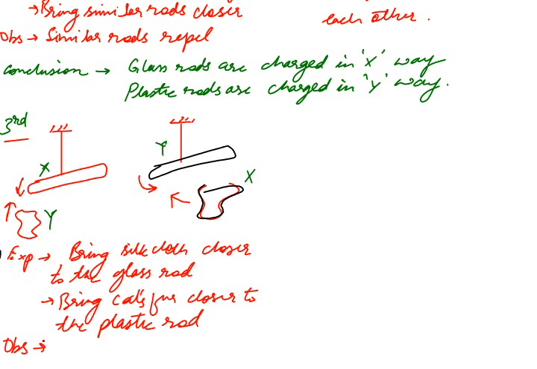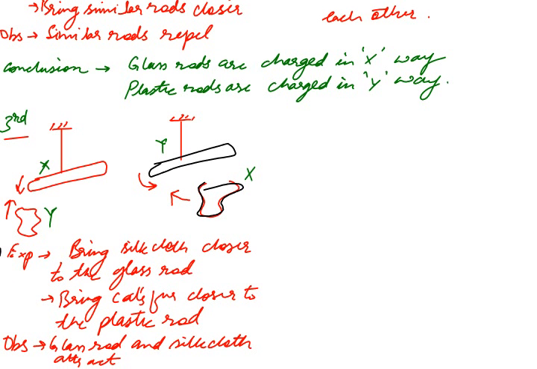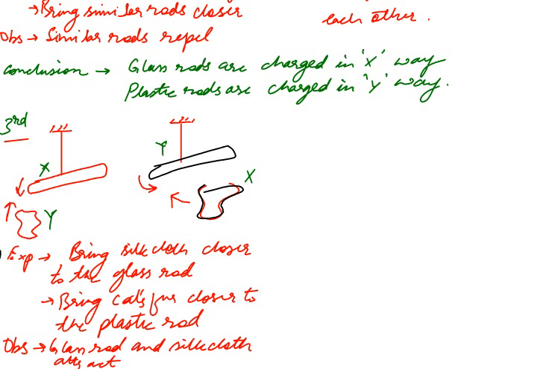That observation is, I have already discussed the conclusion. First let me write the observation. Observation is: glass rod and silk cloth attract, and a similar thing happens to the plastic rod.